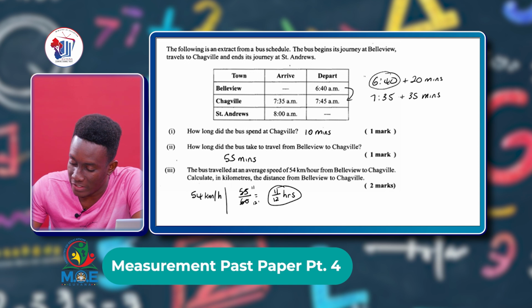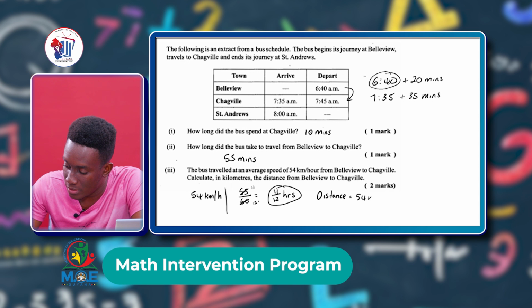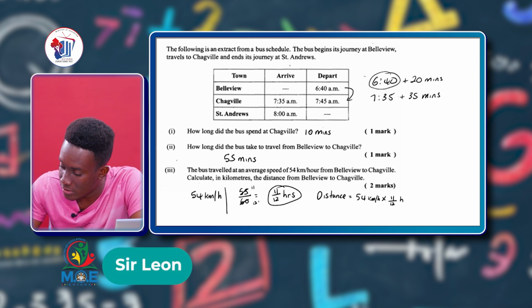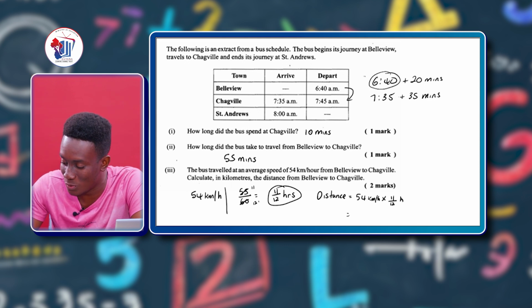So now to find the distance would simply be the speed multiplied by the hours. So this would be 54 km per hour multiplied by 11 over 12 hours. The hours will cancel out, and we know the distance will be in km.